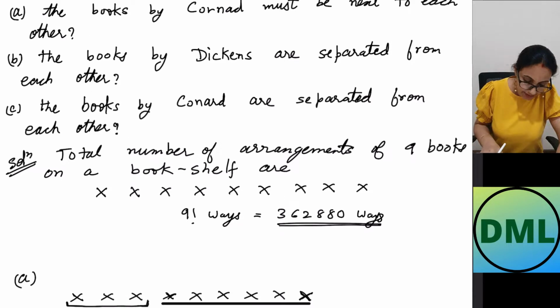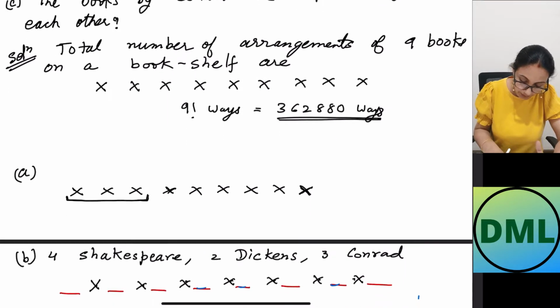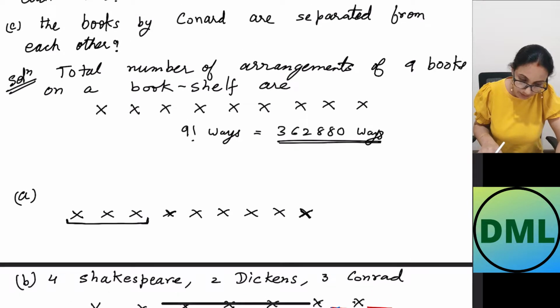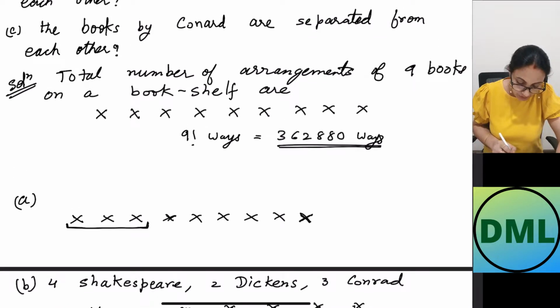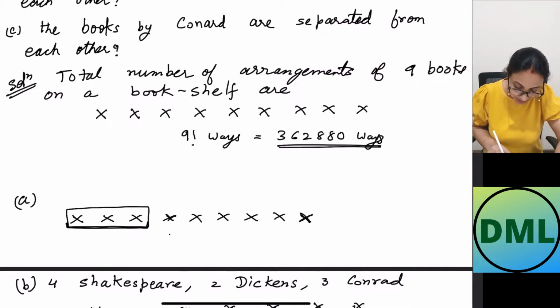Now he says that the books of Conrad must be next to each other. Now Conrad books available with us are 3 books. So I made them into one box, and the rest, all 6 books, are with 6 crosses. I have mentioned it for you. Now this is considered as one box. Now you have to arrange 7 books in a row. 7 books in a row can be arranged in factorial 7 ways.